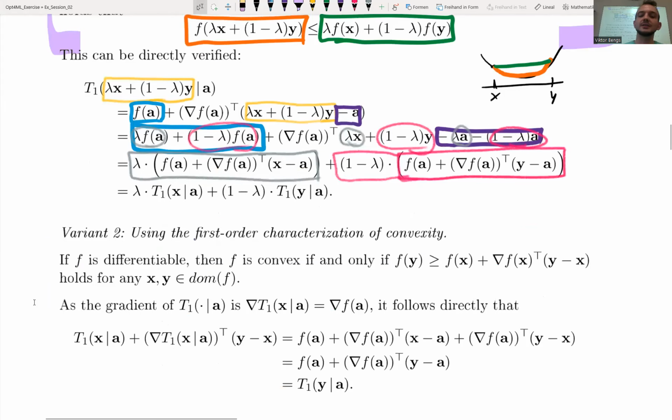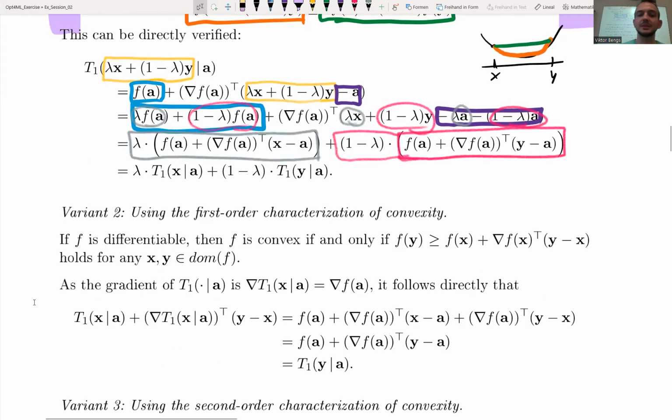Okay, second variant, and this is of course using the equivalent definitions of convexity, namely the first order characterization, which we also used a couple of times in the lecture today. What is the first order characterization again? Let's briefly recall it.